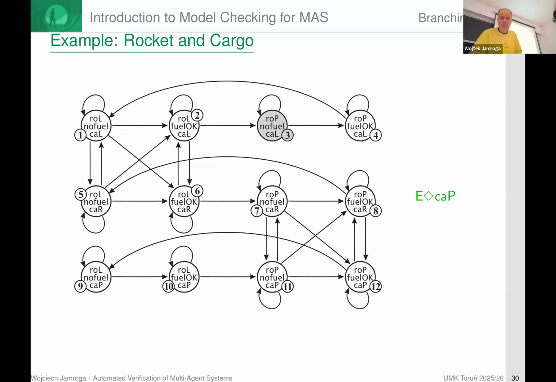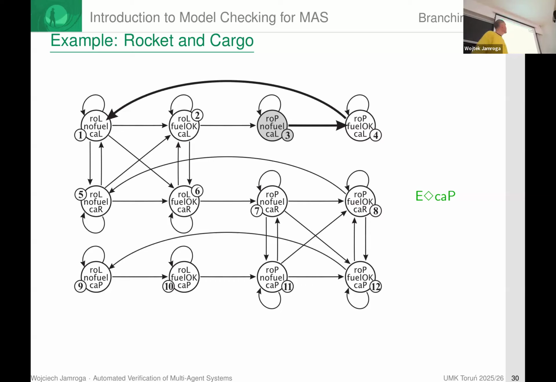Okay, so let's assume that this is our starting point. The rocket is in Paris, it has no fuel, and the cargo is in London. And the question is, is there a path such that eventually the cargo is in the depot in Paris? And the answer is yes. Why? Okay, first we take this transition, which means the rocket is still in Paris, the cargo is still in London, but it has been refueled.